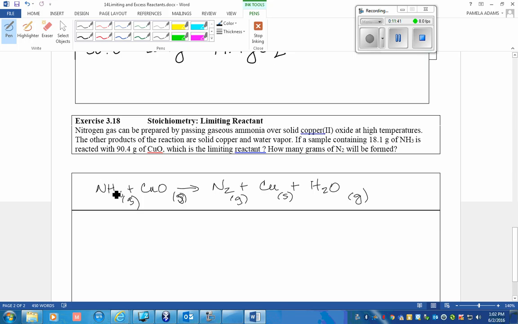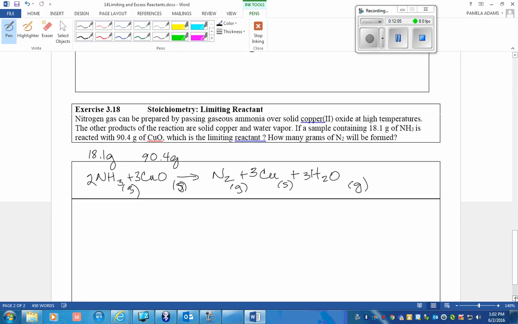And when I balance, I come up with the balanced equation, and they say we start out with 18.1 grams of NH3 and 90.4 grams of copper II oxide, and they want to know how many grams of N2 are formed. I have to figure out which one is the limiting reactant.